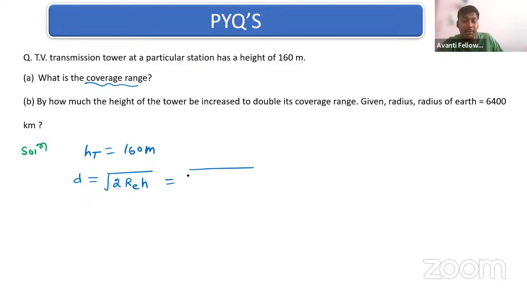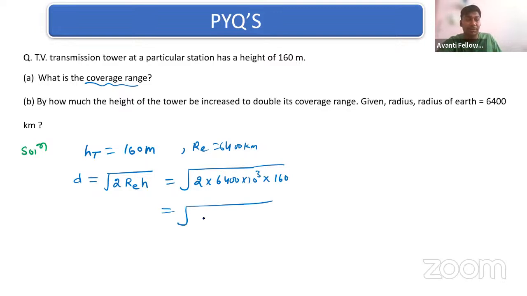Now put all the values in this equation. There will be 2 times the radius, 6400 kilometer. I am converting kilometer into meter by using 10 to the power 3. R is given as 6400 kilometer, and 1 kilometer is equal to 10 to the power 3, or 1000 meter. And height is given as 160 meter.